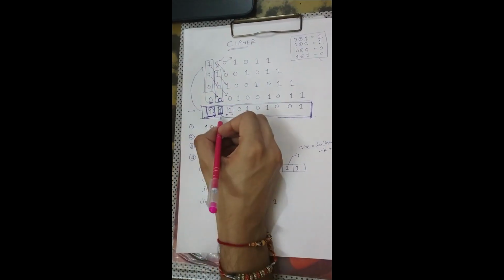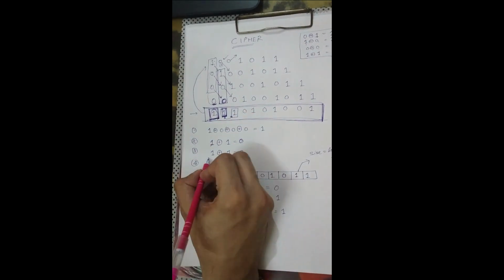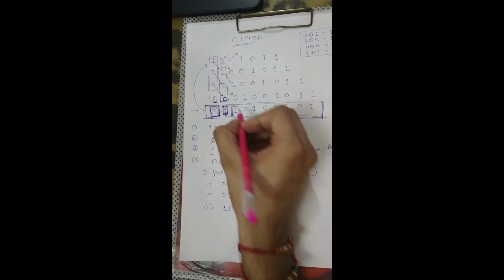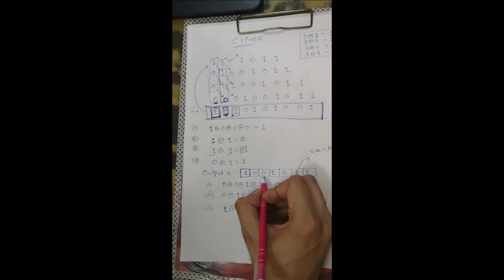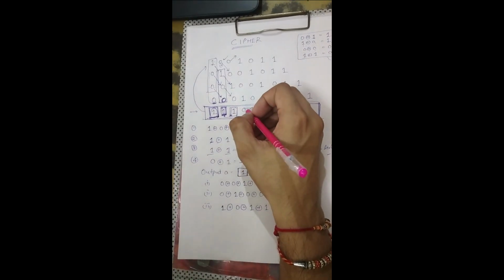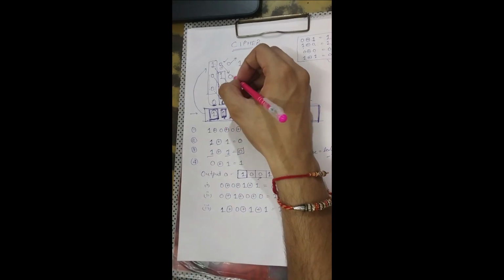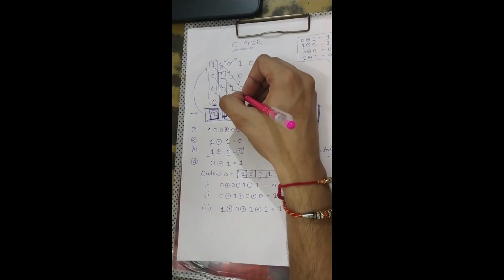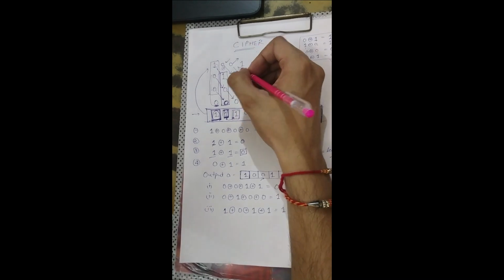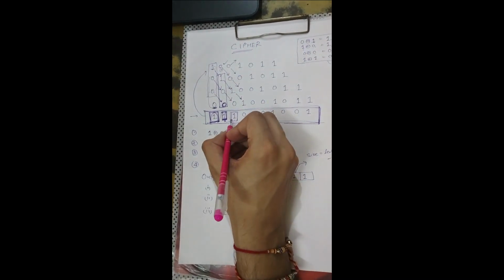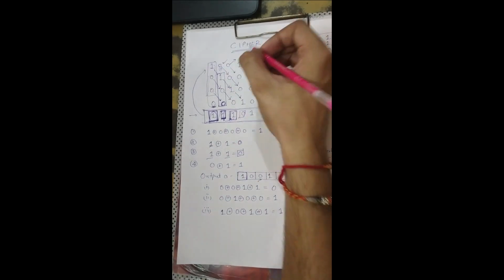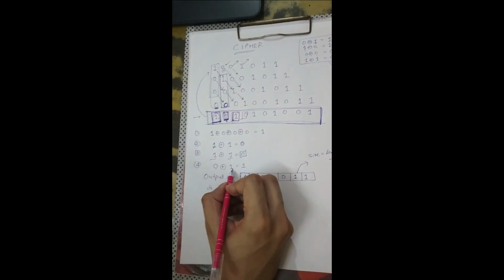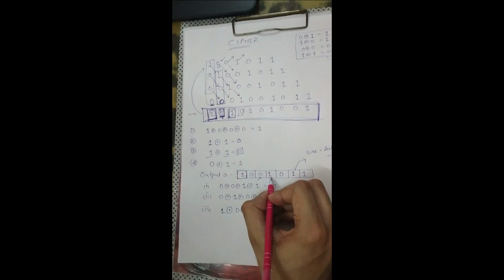Similarly 1 XOR 1, I am getting this 0, I am just storing it here. Okay, and now for the kth digit, meaning the fourth digit, this pattern goes on. 0 is here, 1 is here, this 0 is here. Again I can XOR this digit with this to get this digit. So 0 XOR 1, which is equal to 1, and I am storing it here.